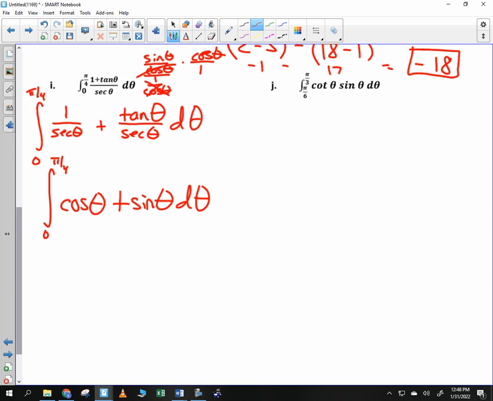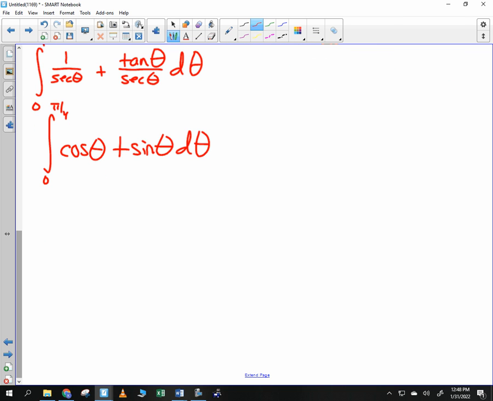Question? What's the antiderivative of cosine? Sine. What's the antiderivative of sine? Negative cosine. And we evaluate at pi over 4 and at 0.